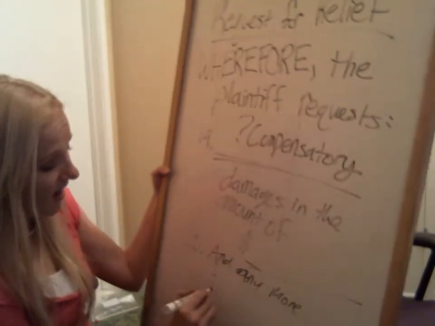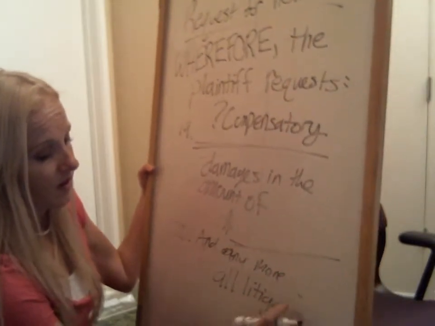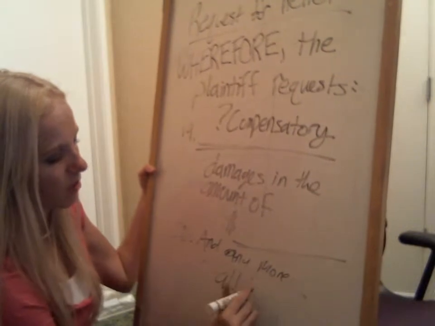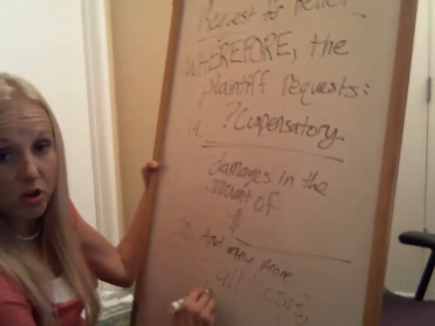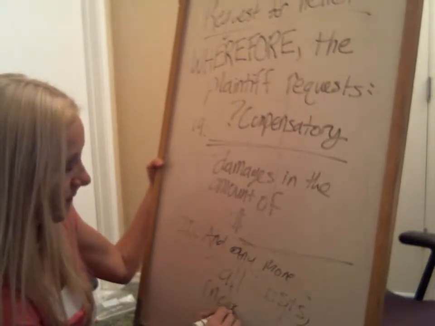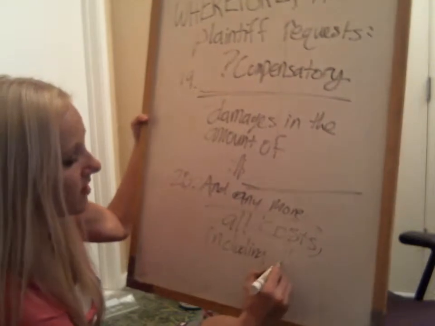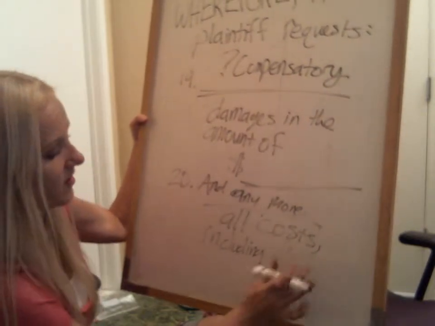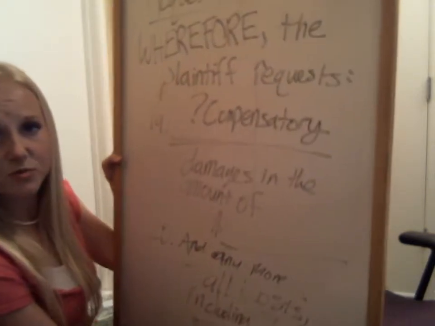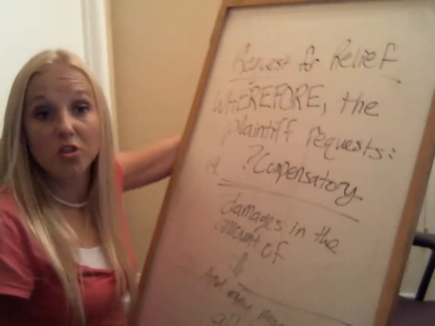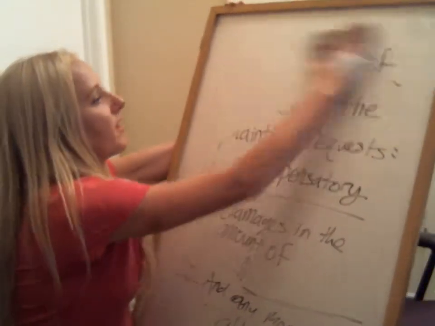Or you could say and all costs, which would include reasonable attorney's fees. So you can write what all these costs are going to be. So this is where you're asking for what you think Bradley Smart should get, what the complaint is looking for.